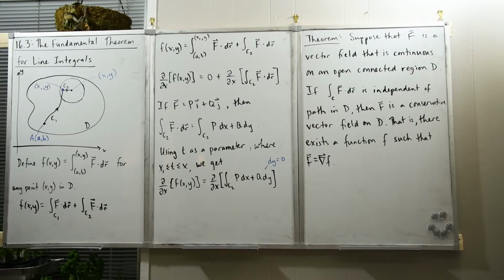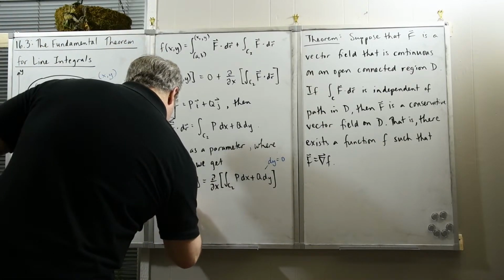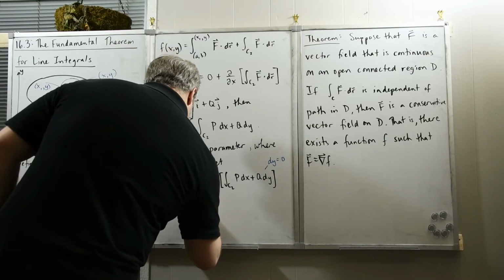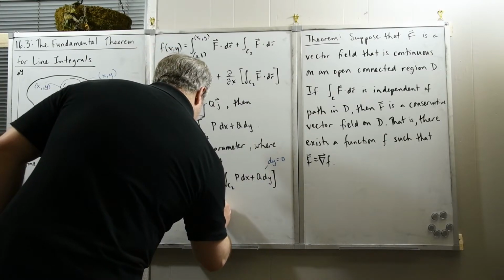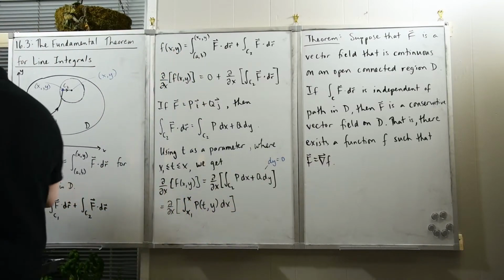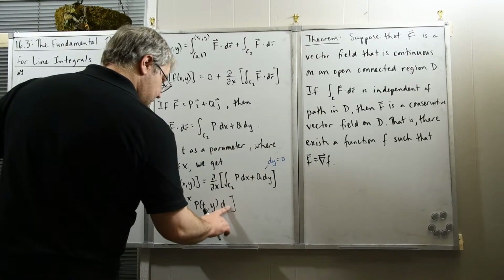And another way that we could write that is the partial with respect to x of the integral from x1 to x of p of t comma y dt. Sorry about that, it should be a dt.